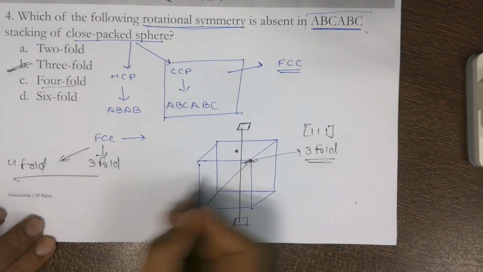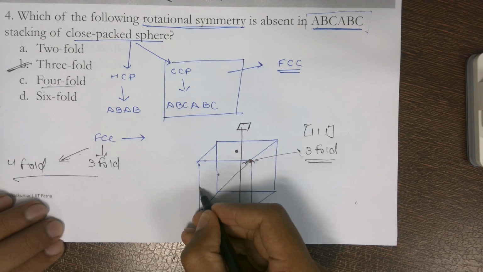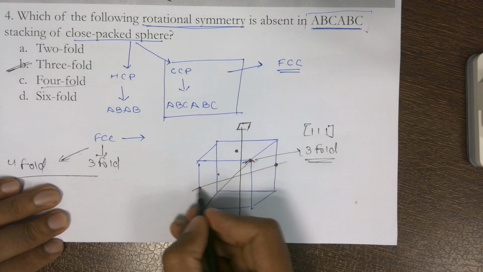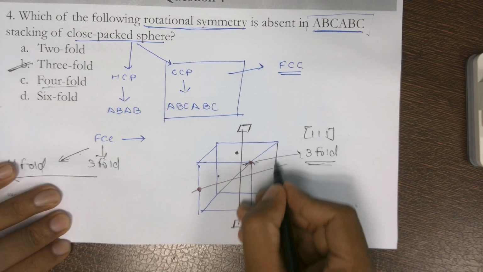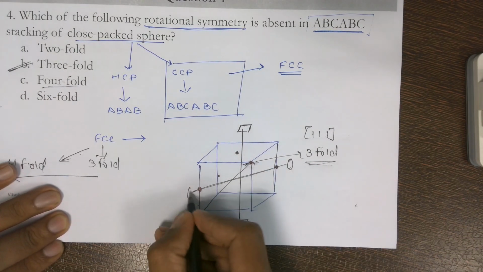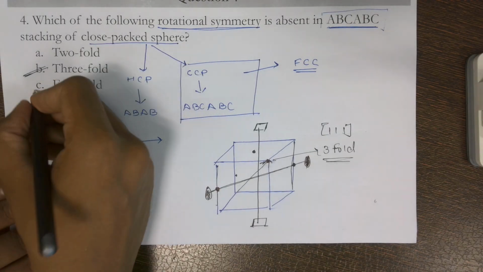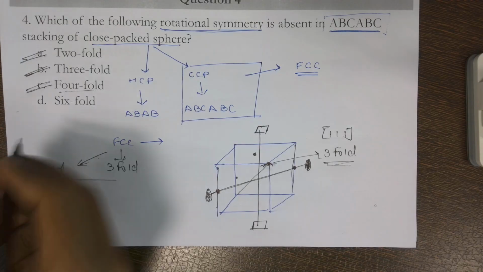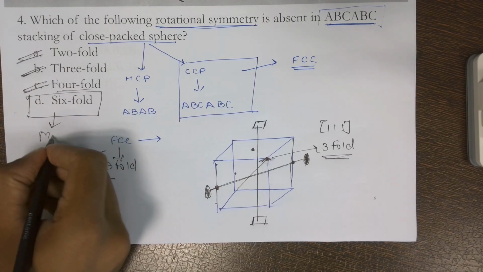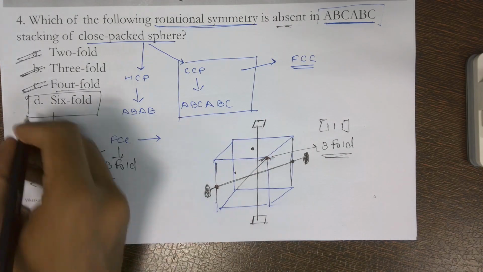Also, whenever fourfold is there, twofold will be there too. Here, in the cube, the twofold axes are along the line connecting two opposite edges. Across this we have twofold. So it has fourfold, it has twofold. What it doesn't have is sixfold. This is missing. So which is absent? Our right answer will be option D.